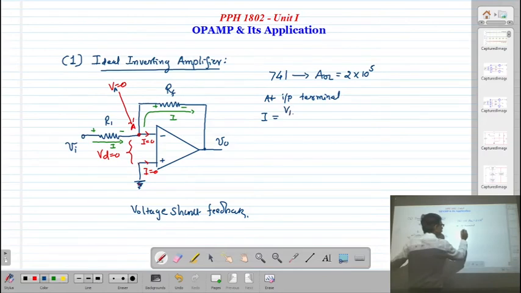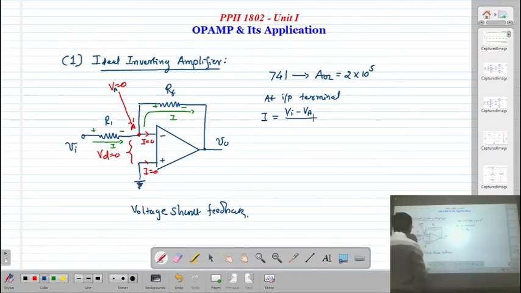So I is equal to VI minus VA divided by the resistance R1.